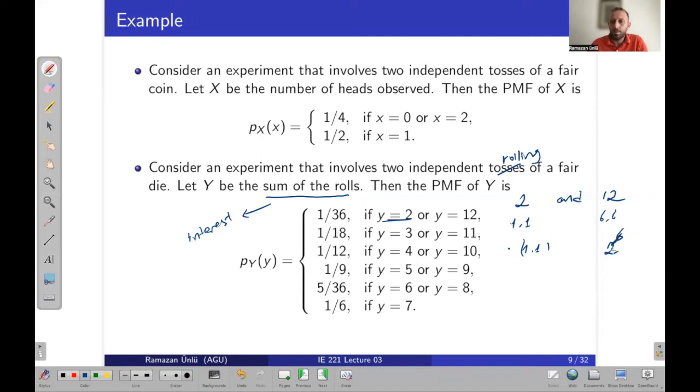We have 36 different pairs, right? Remember the dice examples. So out of 36, we have only one outcome that is valid for this equality. That's why my probability would be 1 over 36, right?